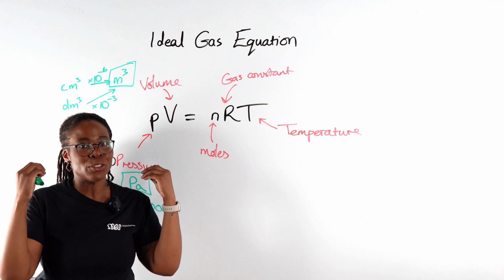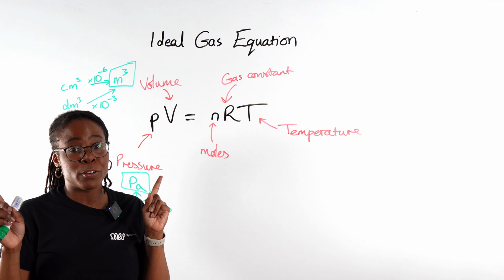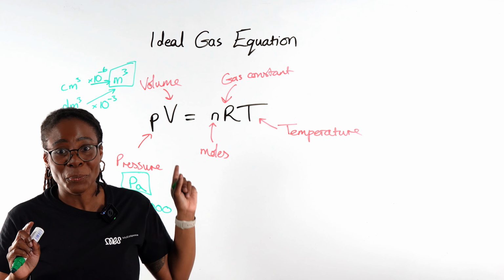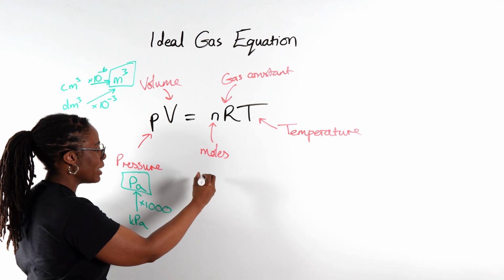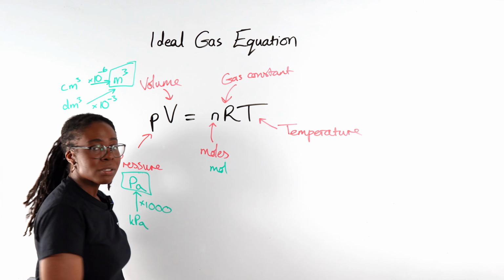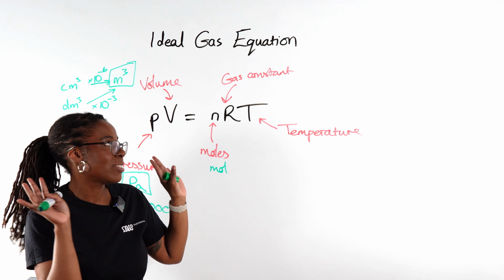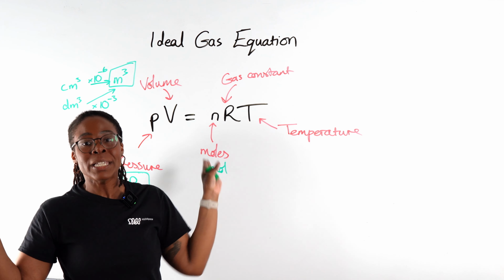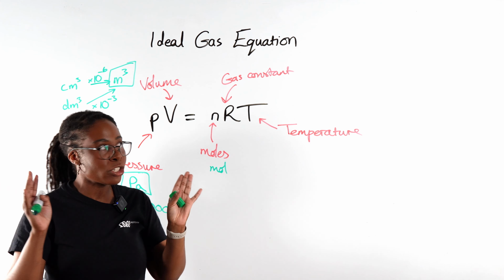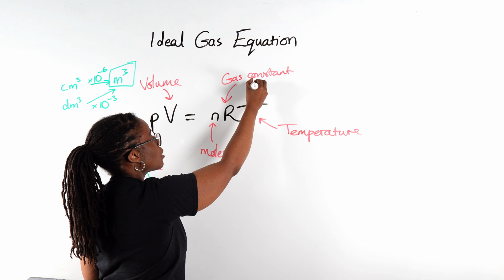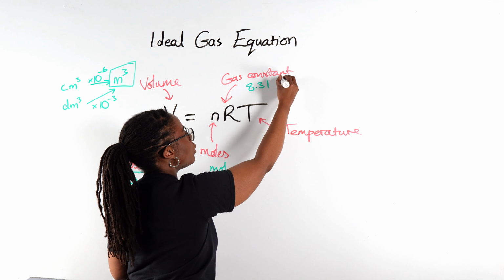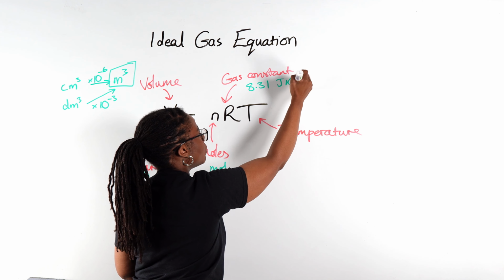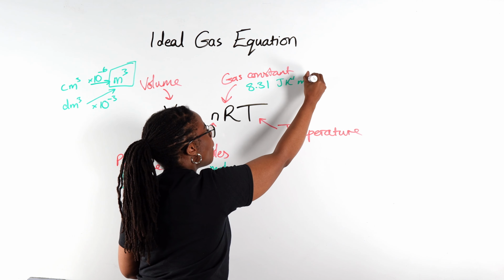Again, make sure that you've got those locked in because that's where mistakes are often made and you don't want that to be you. Okay, now going over to moles, easy. Moles are measured in moles, right? No conversions there. The gas constant will be given to you within the question itself. That has got a value of 8.31 with the units joules per Kelvin per mole.